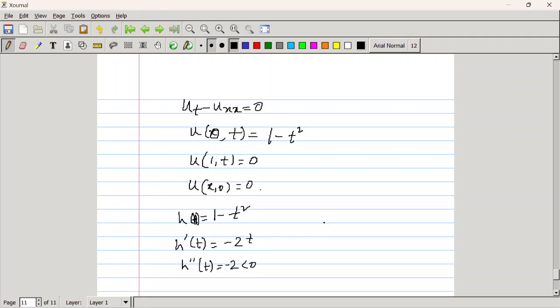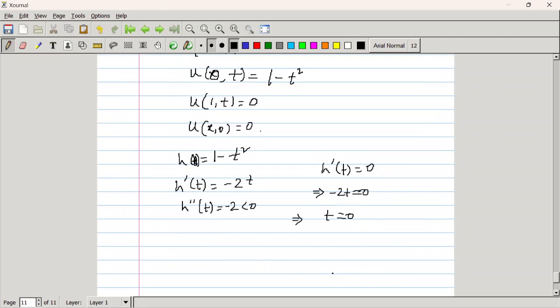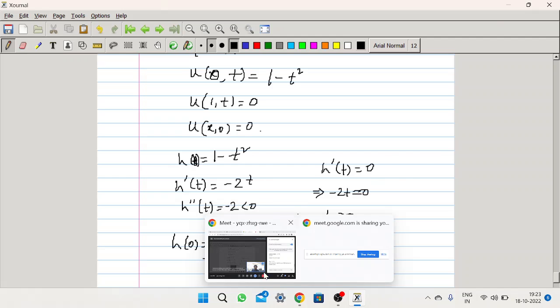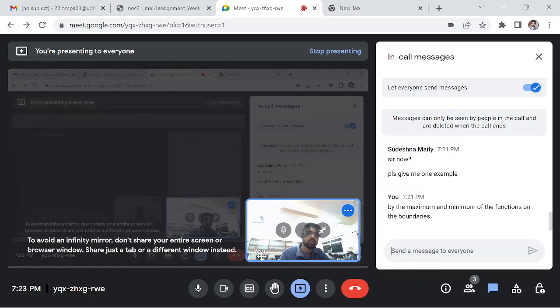Now h prime of t equal to 0 gives minus 2t equal to 0, so t equal to 0. So h has a maximum at t equal to 0, and the maximum is h of 0, that is 1. So if you change the condition, your maximum becomes 1. The same goes for the minimum; you have to construct some different function for that.